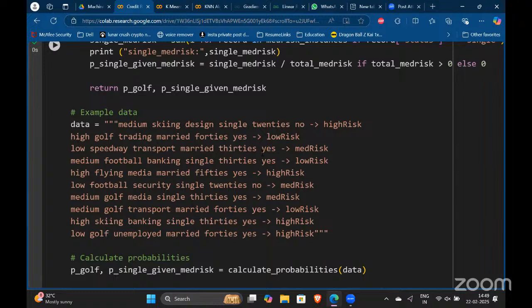We see there are 1, 2, 3, so 3 mid risk values, which is P of mid risk equals 3. And we will also see where we have mid risk and the person is also single.